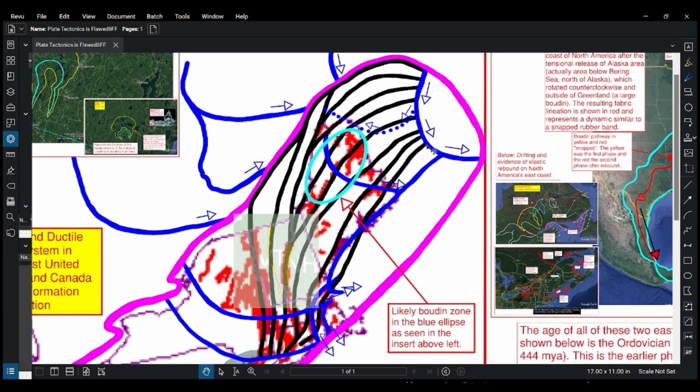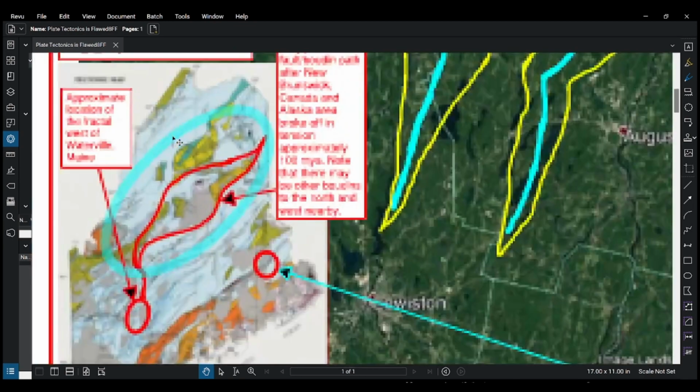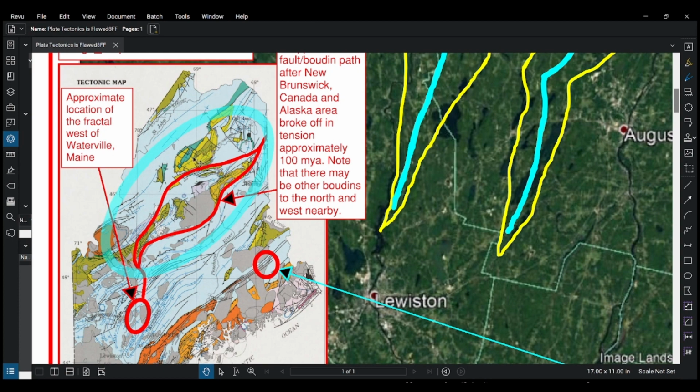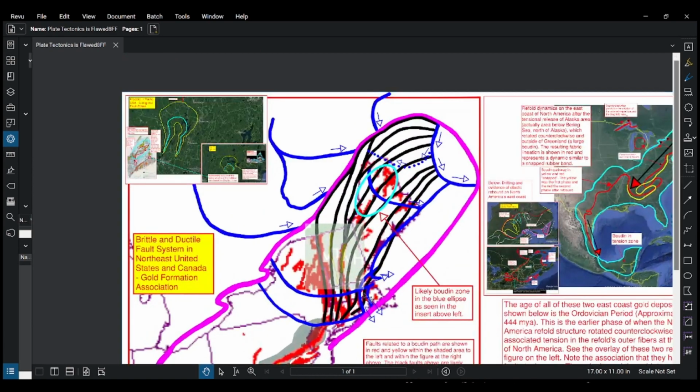That zone was connected and snapped, and there was a system of boudins in here. Found tons of them, like I said. One example is shown here. There it is. There's probably one here, probably one here. Saw a bunch in another state. This could be one here. But anyway, definitely related to boudins.